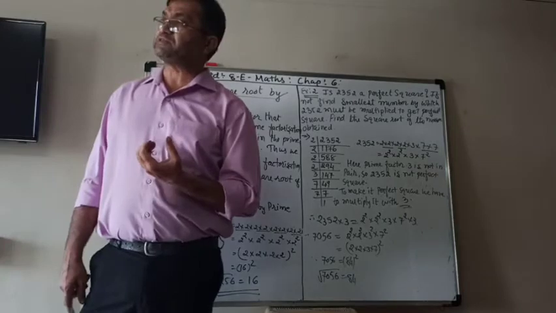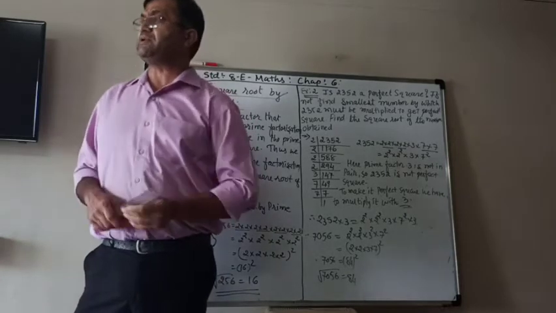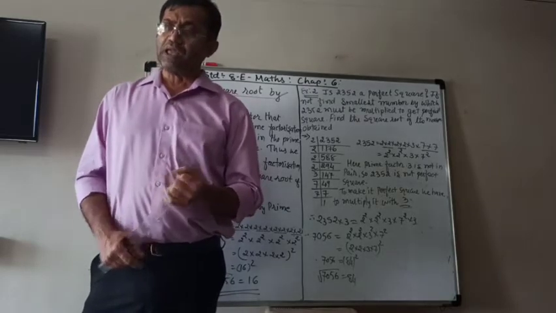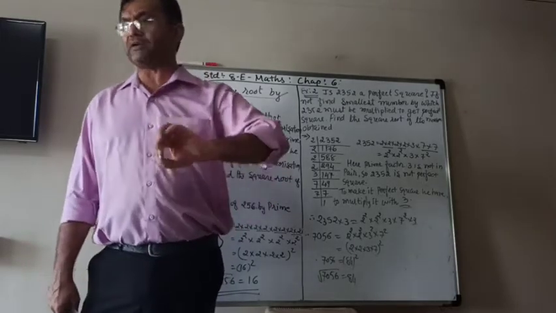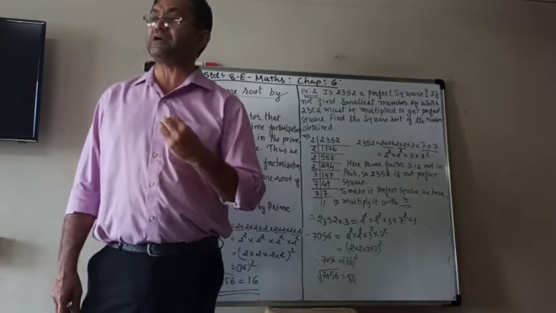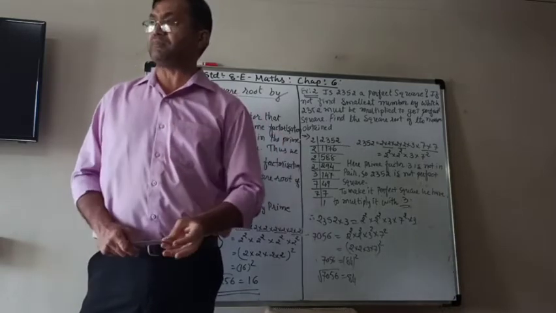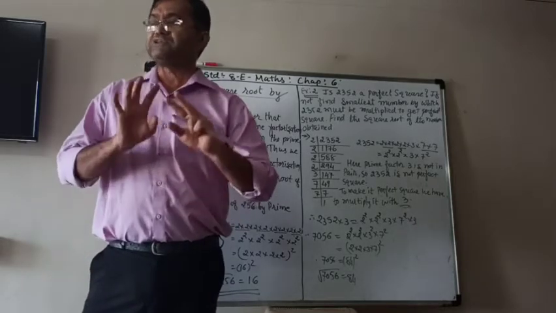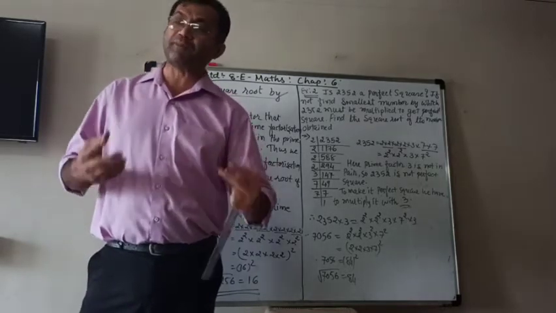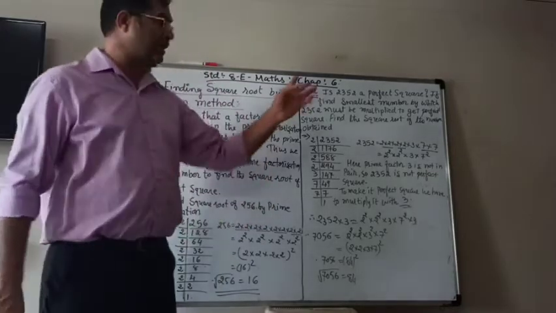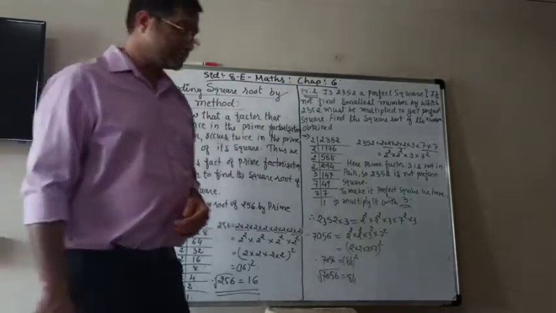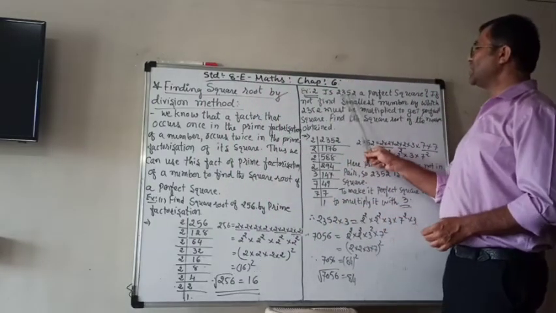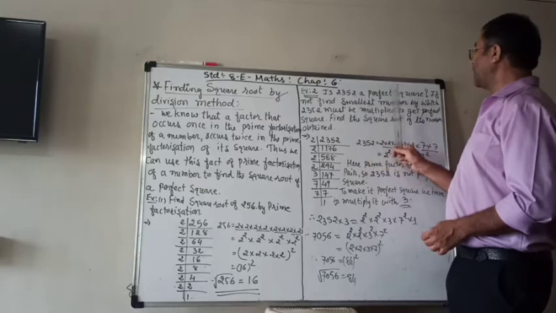Now, sometimes a slightly different type of sum will also be there, in which we have to either multiply or divide a number to make the given number a perfect square, because it is not a perfect square. Or first we have to check if the number is a perfect square or not. Look here at example number 2, in which it is given: is 2352 a perfect square?